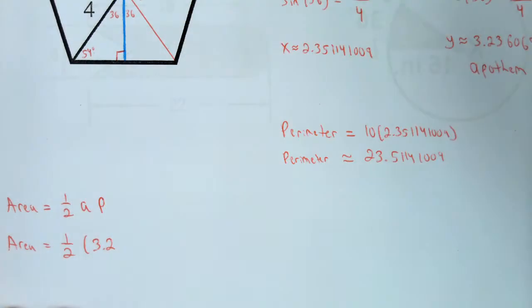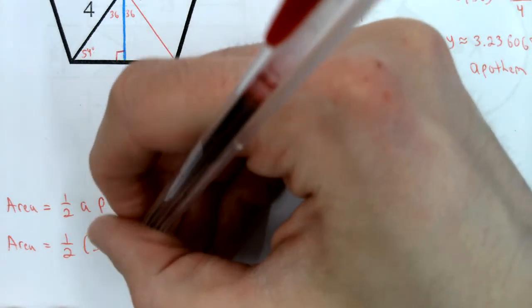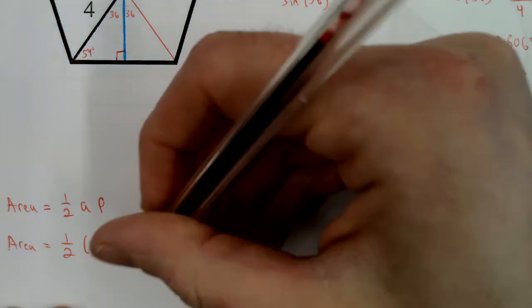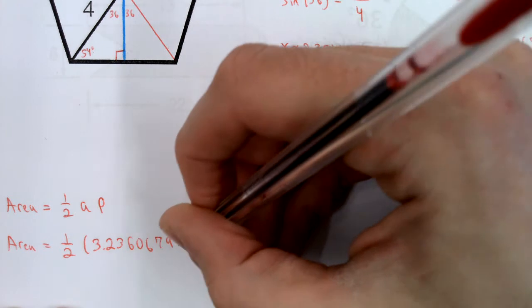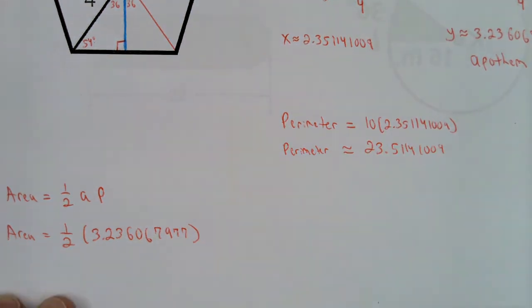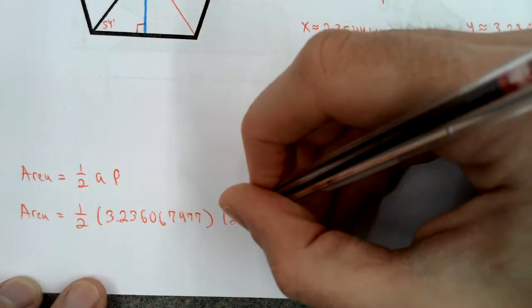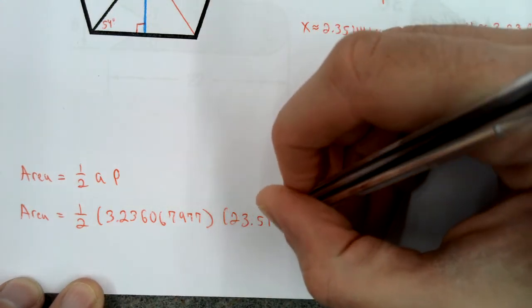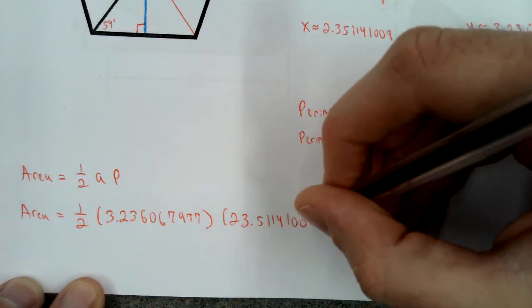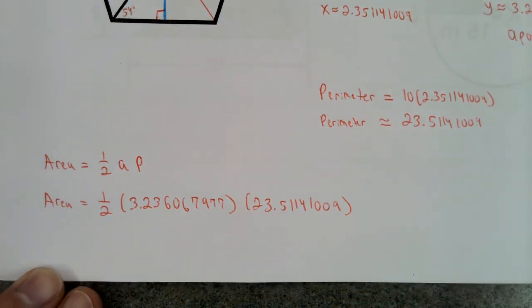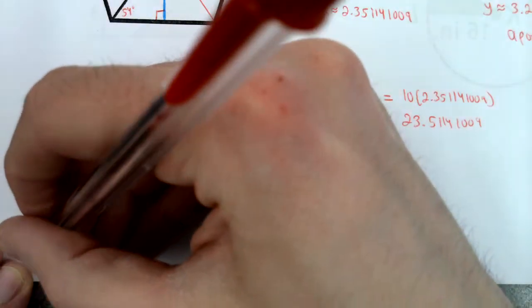We'll round at the very end. That's the apothem. And then times the perimeter, 23.51141009. Now we'll multiply those 3 numbers out and we'll see what we get for the area.